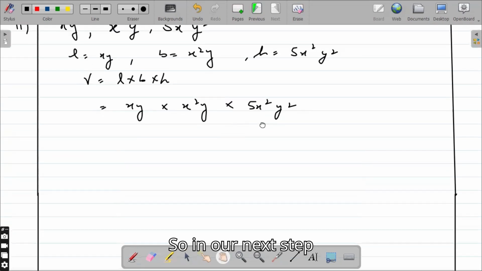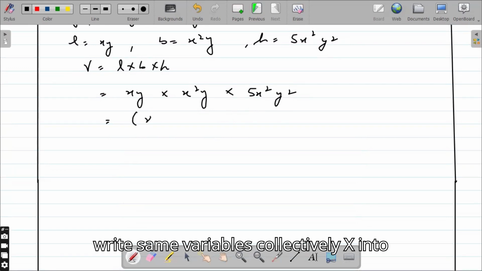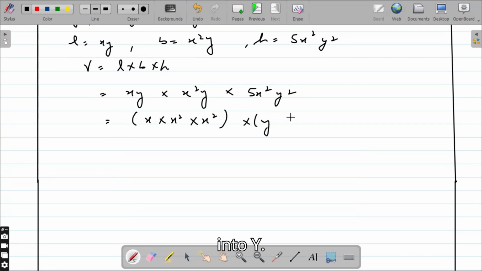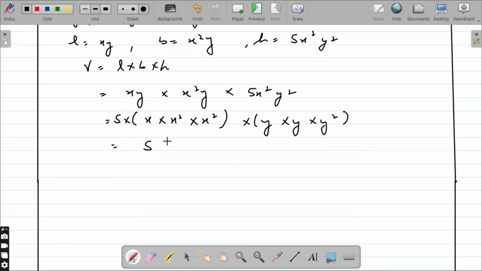So in our next step, write same variables collectively: x into x square into x square, y into y into y square, and 5 we'll be writing in the front. So 5, x^(1 plus 2 plus 2) is x^5, and y^(1 plus 1 plus 2) is y^4.